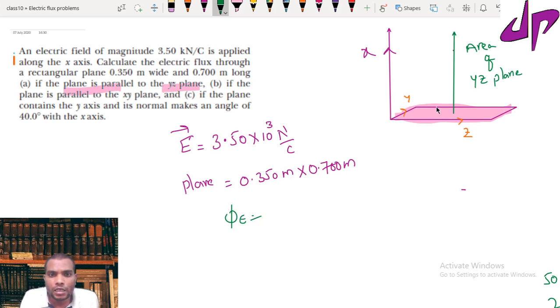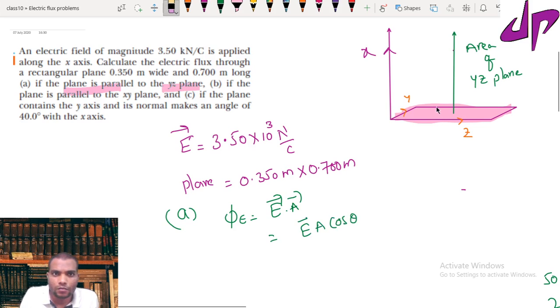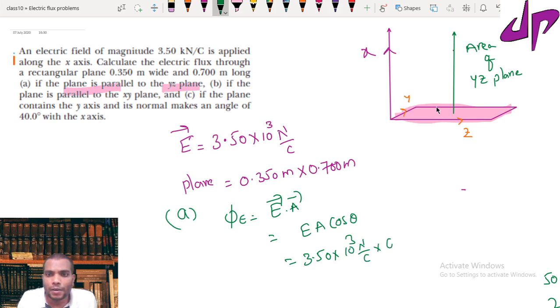Now we need to figure out what the flux is. Flux phi E equals E vector dot A vector for case 1, which you can write as EA times cos theta. Now the electric field magnitude is 3.50 times 10 power 3 Newton per coulomb, and the area dimensions are 0.350 meter times 0.700 meter, and cos theta.